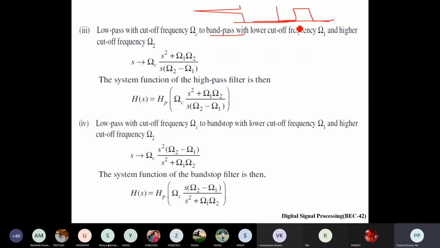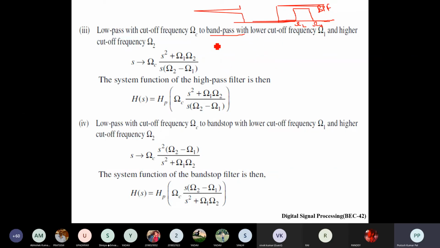This frequency is omega L, the lower frequency, and this is omega U, the upper frequency. So there will be a band, and this is the magnitude response of a band pass filter.